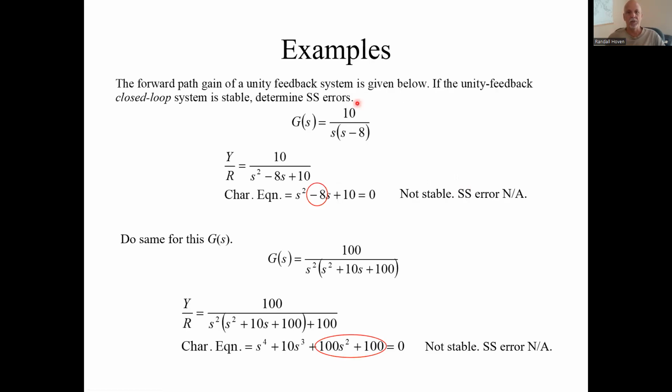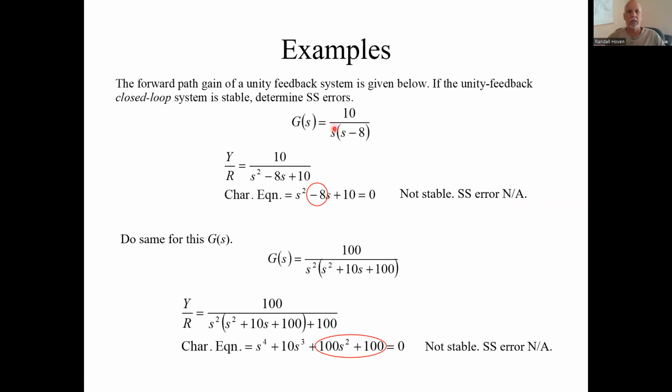Couple of examples. Let's say you're given this forward path transfer function, but in a unity feedback configuration. First thing you've got to do is find the closed loop characteristic equation. We need the closed loop transfer functions to do stability analysis.